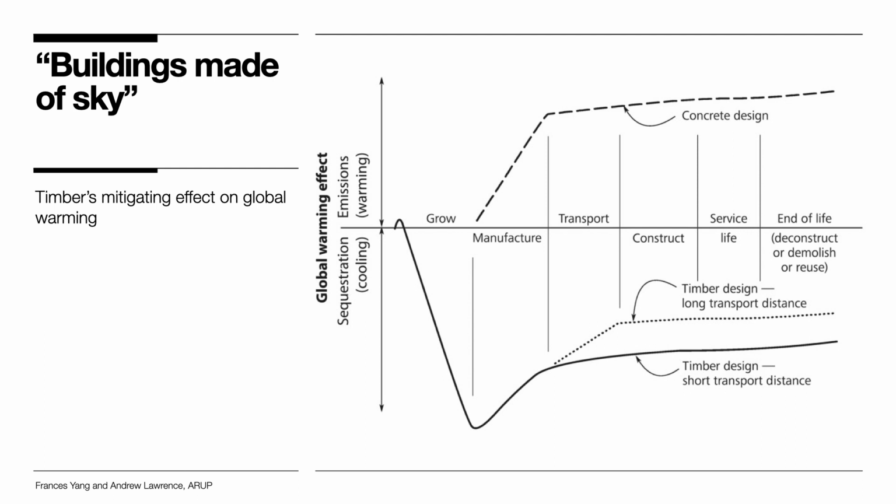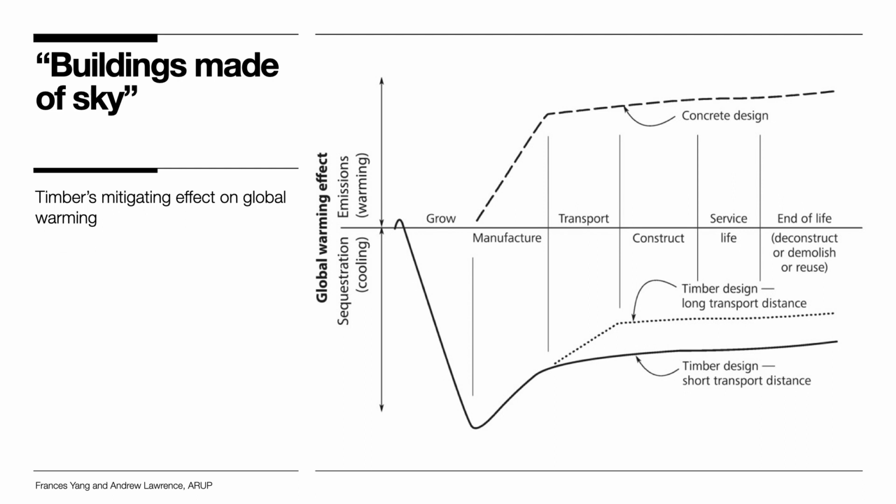The engineering firm Arup, for example, conducted a study of a multi-story building project they were designing in Portland, Oregon, with a concrete design versus a timber design. And you can see that over the life cycle, these two designs' performance diverged considerably.